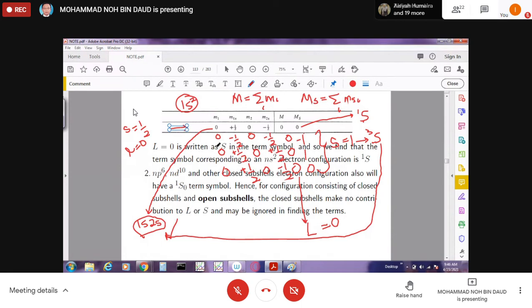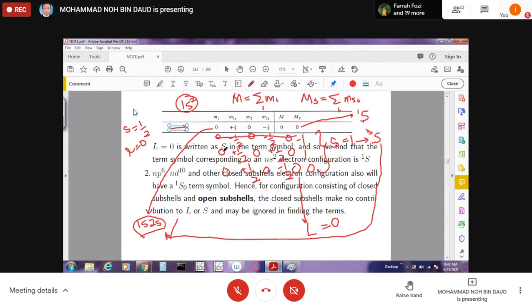There is no same set of quantum numbers for identical particles like these electrons. So we have here the same n, we cannot have the same ML, MS, n.